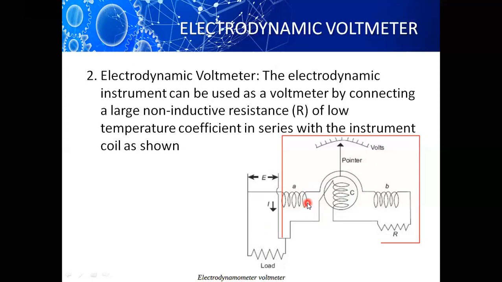Hence there is a large resistance connected in series with the coils, so only a small amount of current will flow through the meter, which will not affect the load current to a large extent. When I is the expected load current coming out of the source E, only some milliamperes will flow through the meter.